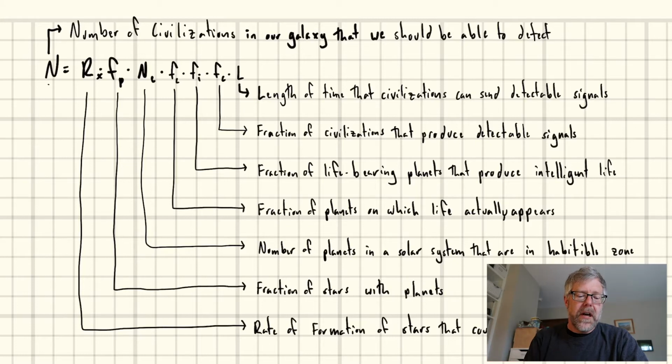And so R is actually the rate of stellar formation, so how many stars form each year.